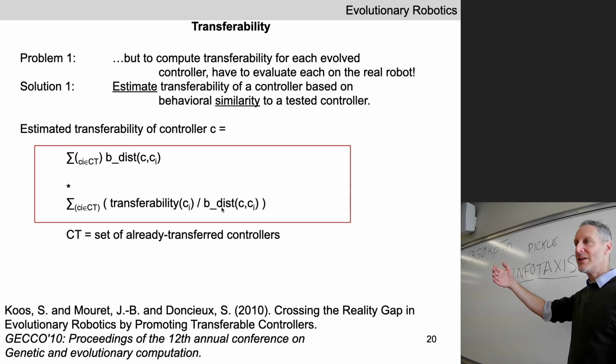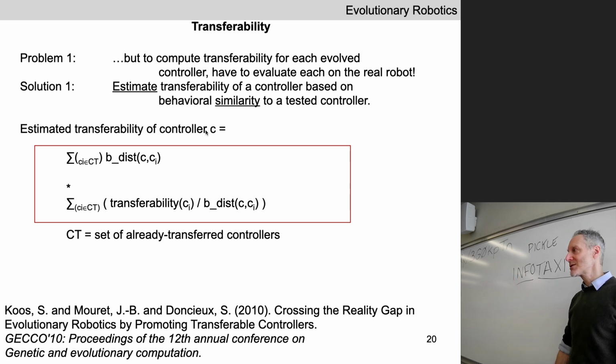Forget about the denominator here for a moment. Let's imagine that we've sent 7 controllers across the gap already, and they've all failed. They're all terrible at crossing the gap. We're summing up a whole bunch of very negative numbers. Transferability is low, and again, forget this term.